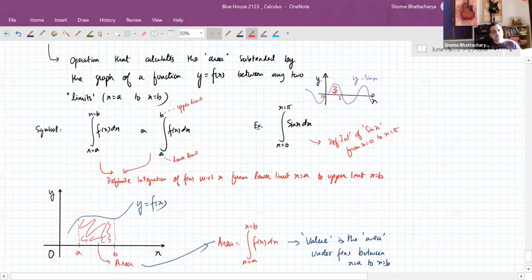So this area would be calculated by this value. It's the area subtended by the sin x graph on the x-axis between the points x equal to 0 to x equal to pi. This would give us the area under the sin x graph between x equal to 0 to x equal to pi.